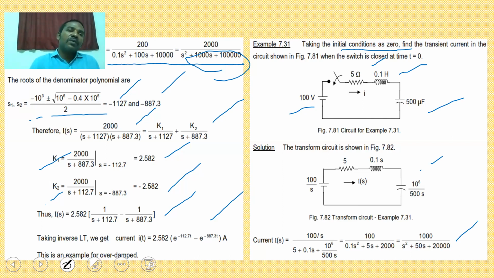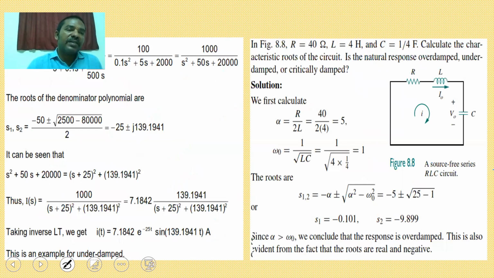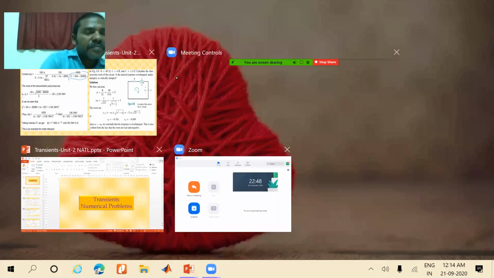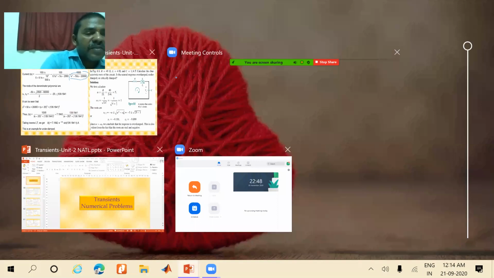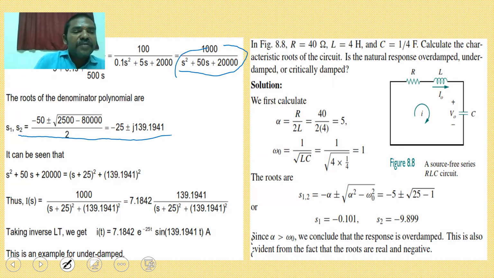Now we have to go for the characteristic equation, s² + 50s + 2000. The roots s1 and s2 will be like this: (−50 ± √(2500 − 80,000))/2.